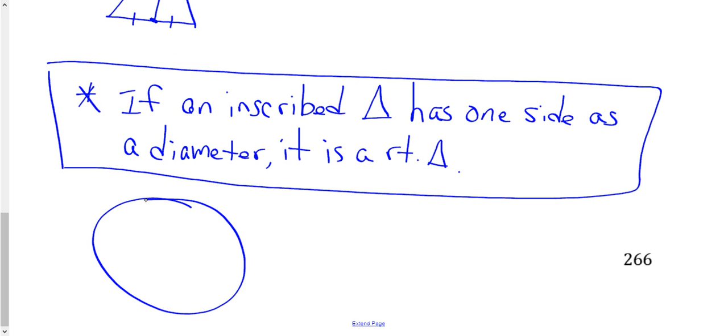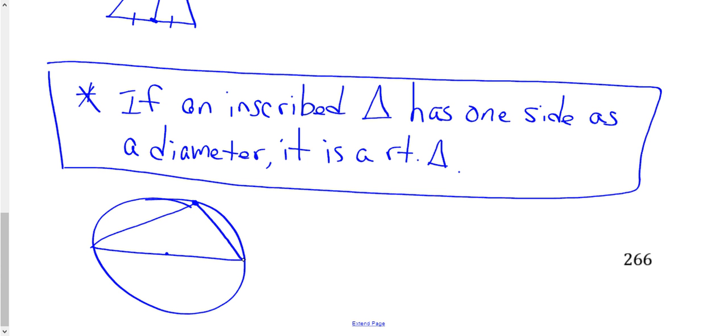So here's a circle, and let's say that's the diameter, with the center like that. Inscribed means all the vertices of the triangle lie on the circle. So let's say I have a vertex there, there, and there. Everybody can see that inscribed triangle, one side of it is the diameter of that circle.